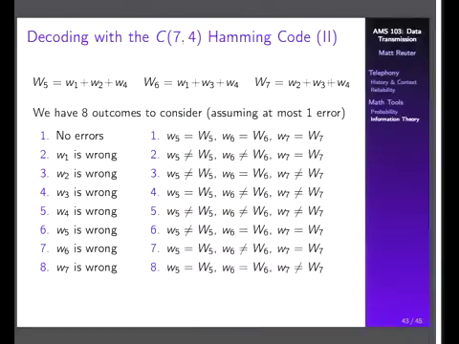And so now you can look through, and if we assume that there's at most 1 error, there are these 8 different possibilities, because we can have either the error in any one of the 7 bits, or there are no errors at all. And if we look for all 8 of those outcomes, is there a unique way to identify it by comparing these W5, 6s, and 7s? Yep, every one of those possible outcomes has a signature. So we can now take this message that's received, go through this decoding, and first of all, can we detect that 1 error?